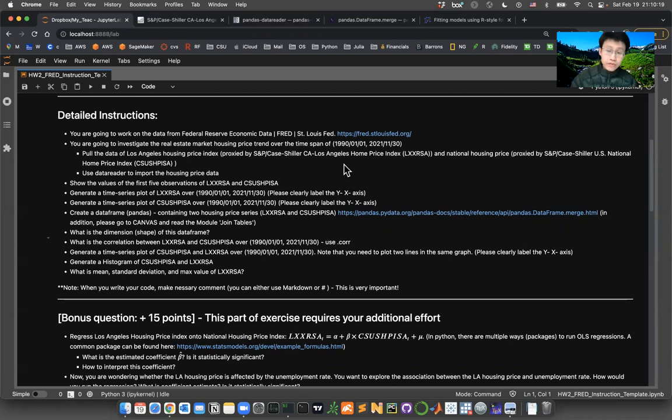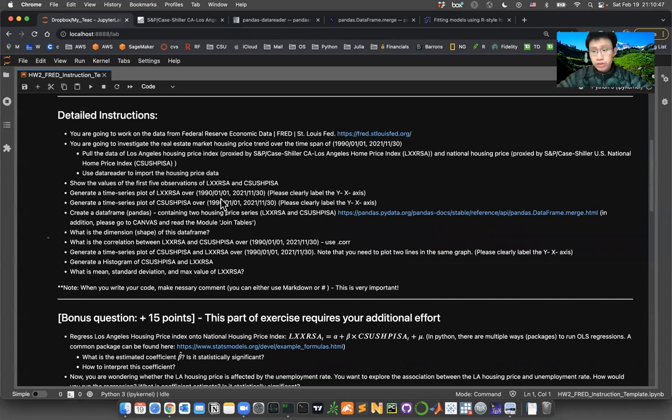Okay, so the variable name for the Case-Shiller index of LA home price is LXXRSA, which is defined by the Federal Reserve data center. In the meantime, you are going to extract the data of the national housing price level. The variable name is given over here, CSUSHPISA.